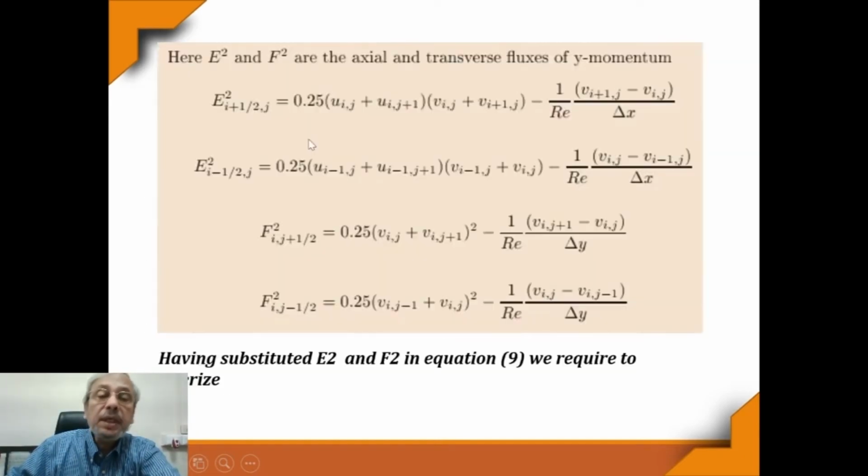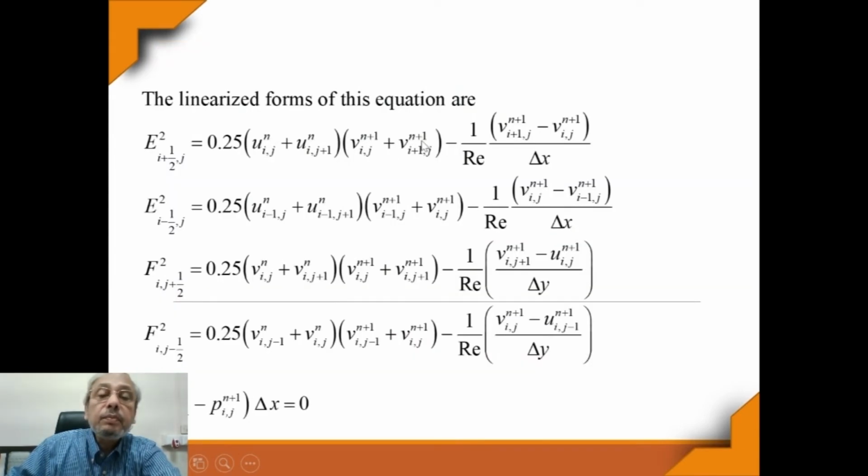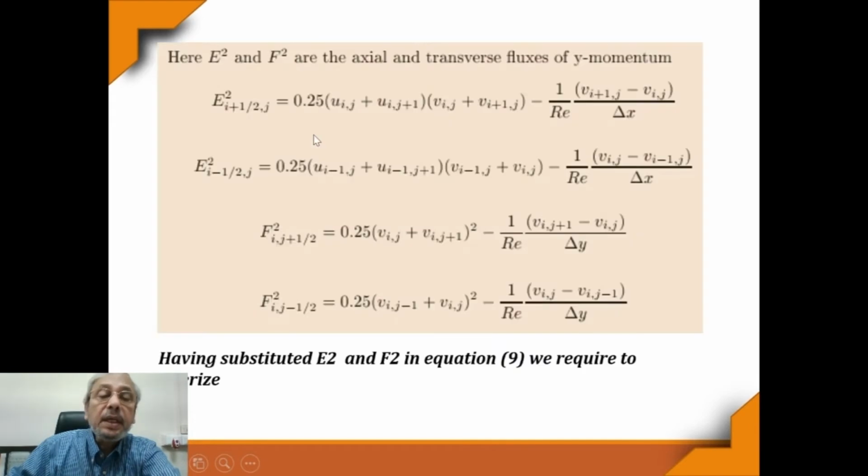So we can see here 0.25 Uij plus Ui j plus 1 we will write at nth level, and Vij plus Vi plus 1j will be at the level n plus 1. So these are at level n plus 1, these are at level n. Similarly, here also, this Ui minus 1j plus Ui minus 1j plus 1 will be at the level n, and Vi minus 1j plus Vij will be at the level n plus 1.